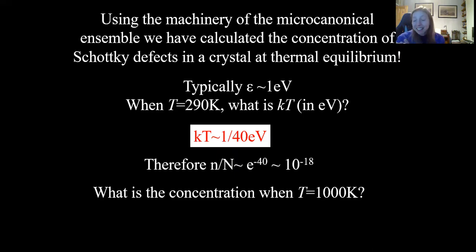These defects will still exist because in a typical crystal, N is so large. So what is the concentration when T is 1,000 Kelvin? Exactly the same calculation, but we get a far bigger number because, of course, we're at higher temperature, so more and more defects are produced.